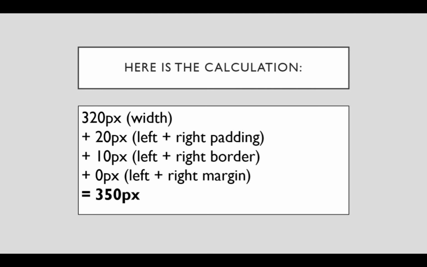And the total height of an element should be calculated like this: total element height is equal to height plus top padding plus bottom padding plus top border plus bottom border plus top margin plus bottom margin. For height we calculate top and bottom. For width we calculate right and left.